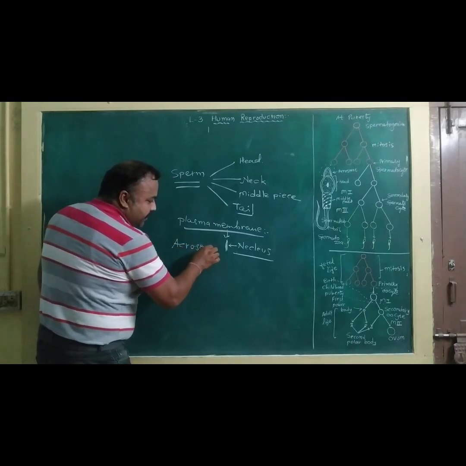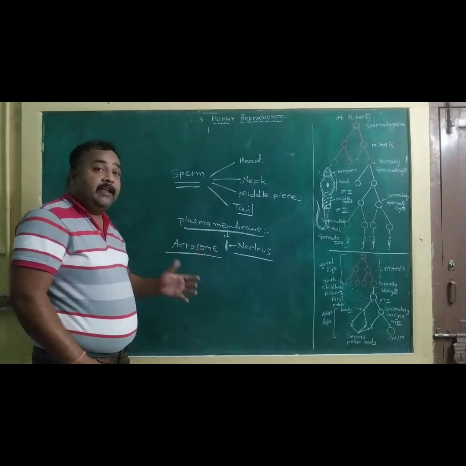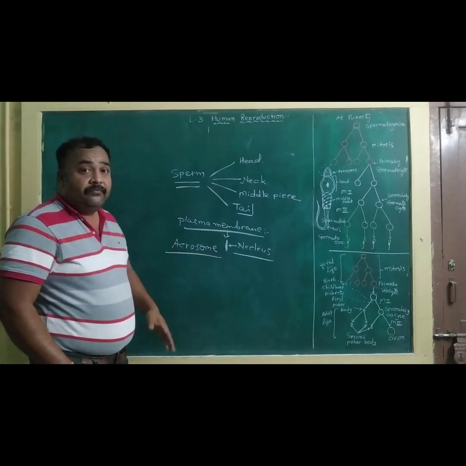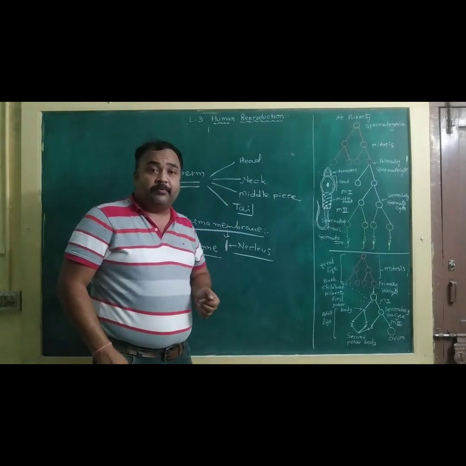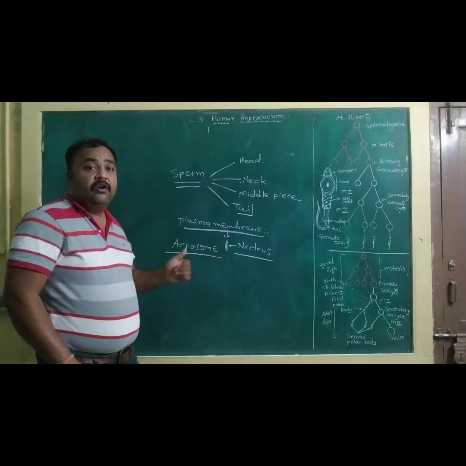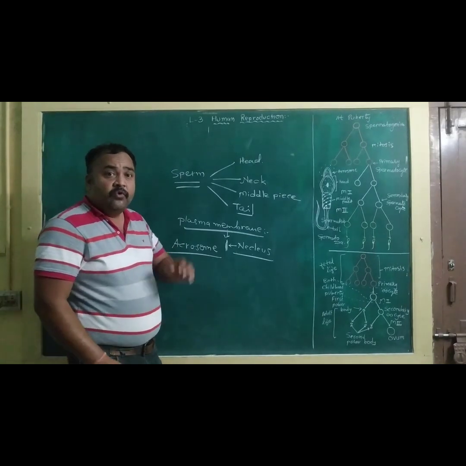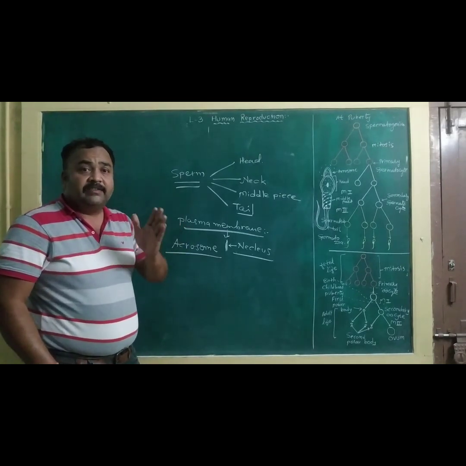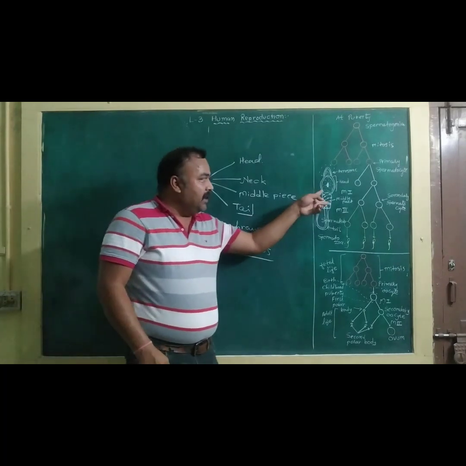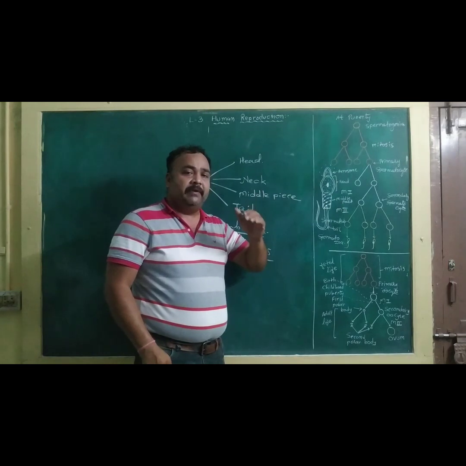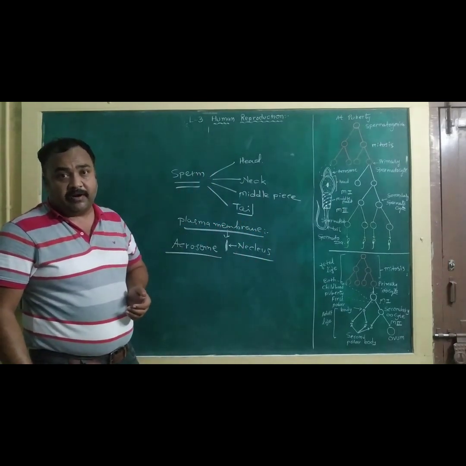Acrosome is nothing but the apical part of a mature sperm, and it contains various enzymes which are responsible for the penetration of sperm into egg cell, that is the process of fertilization. One such enzyme is called hyaluronidase.